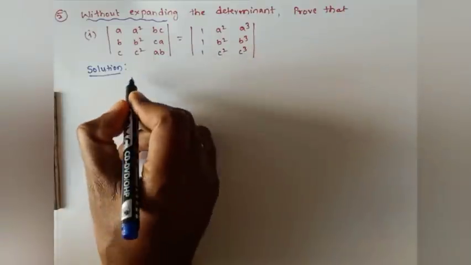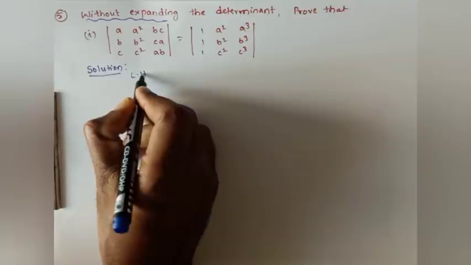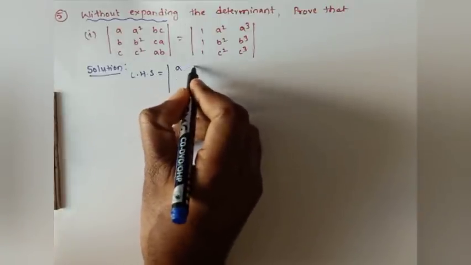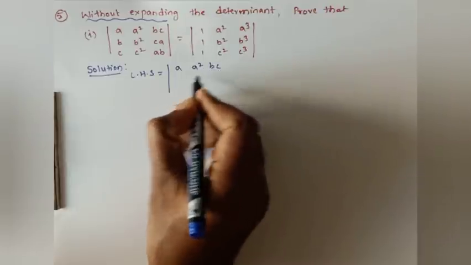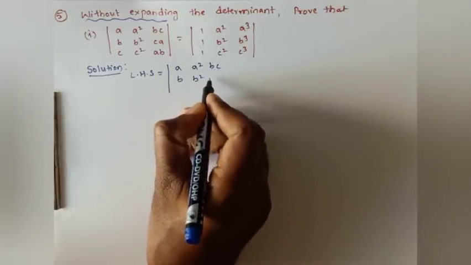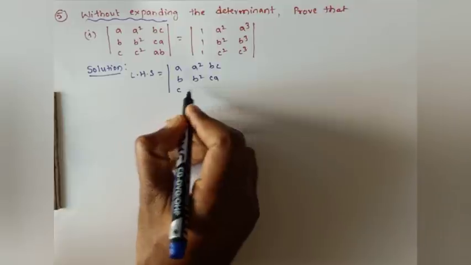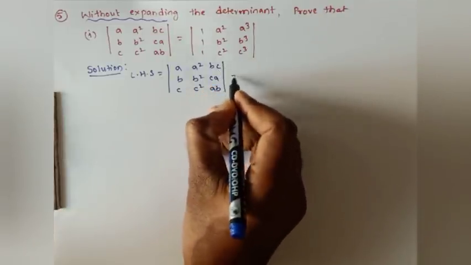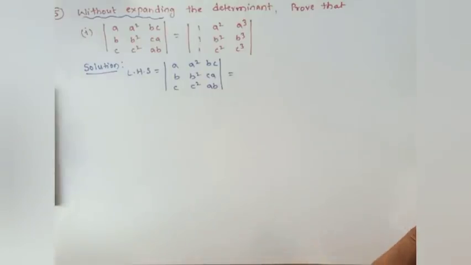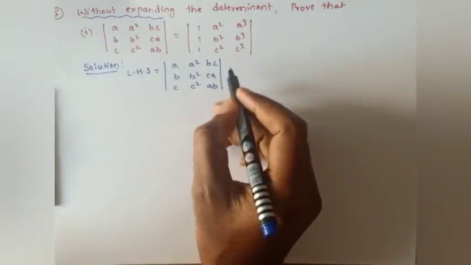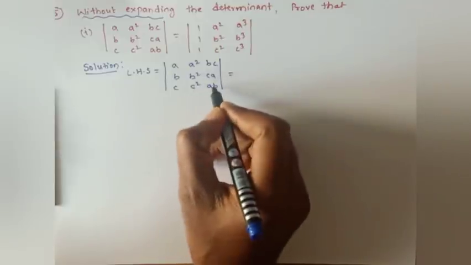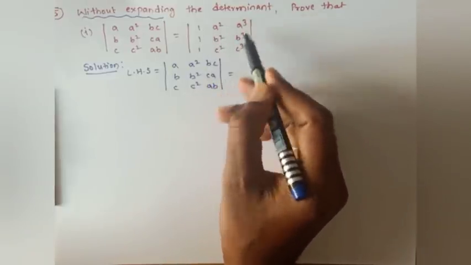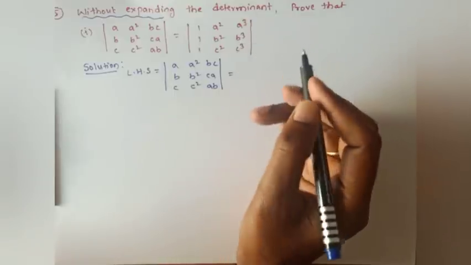Now let us consider the left hand side, that is a square bc, b square ca, c square ab. On applying any row operation or column operation to this left hand side, we may not get the form 1, 1, 1, a square, b square, c square, and a cube, b cube, c cube.